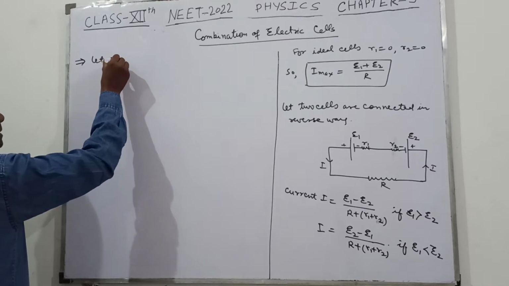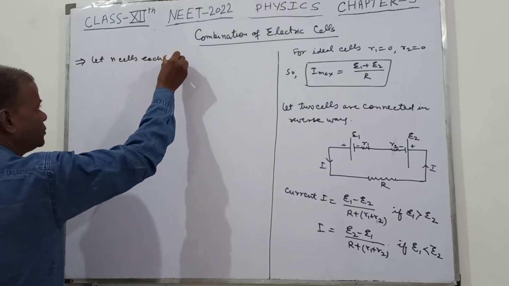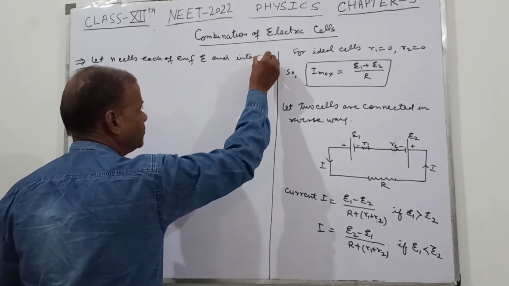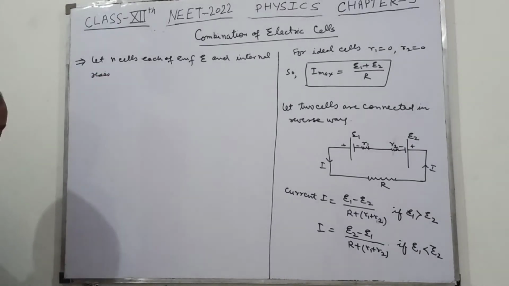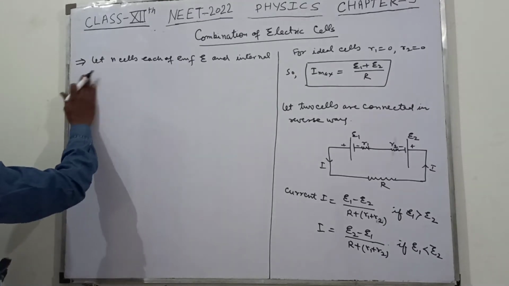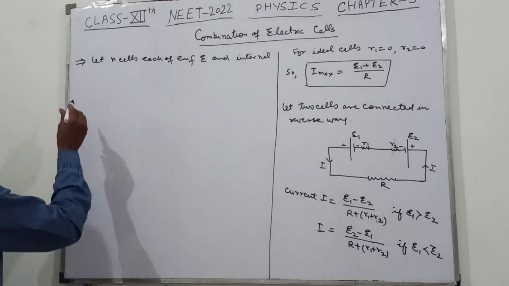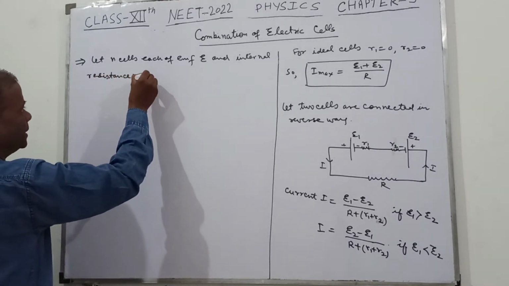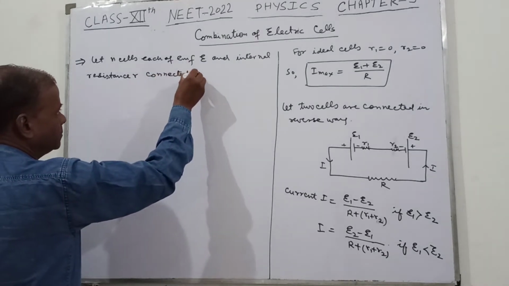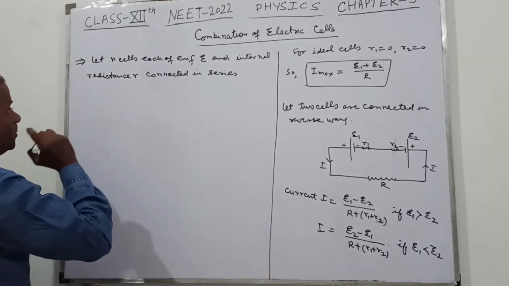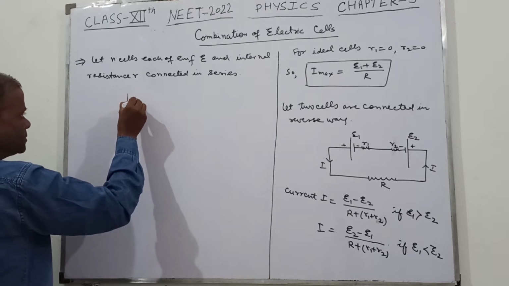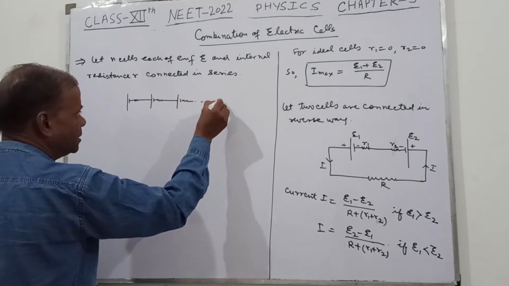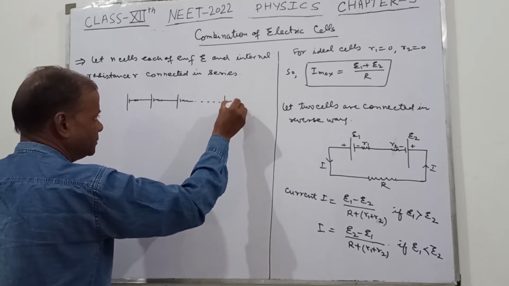So what we have now, suppose this is resistance and then this is resistance and then this is resistance, and let there be n cells connected.